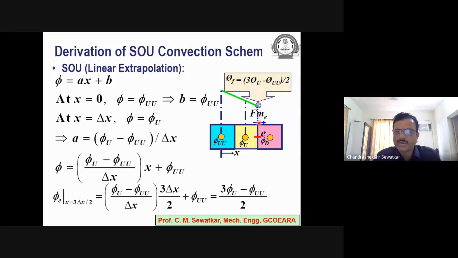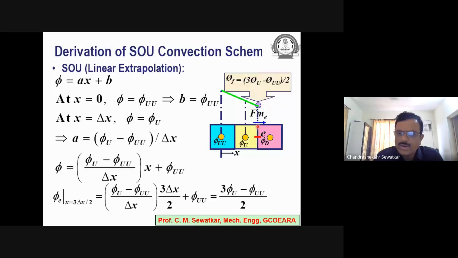Now I am interested in finding the value of phi at the east face, which is at a distance of delta x and half delta x, that is at a distance of 3 by 2 delta x. So for phi e at x equal to 3 delta x by 2, I can replace this x by 3 delta x by 2, and what I obtain is 3 phi u minus phi uu divided by 2 as an expression for phi e.